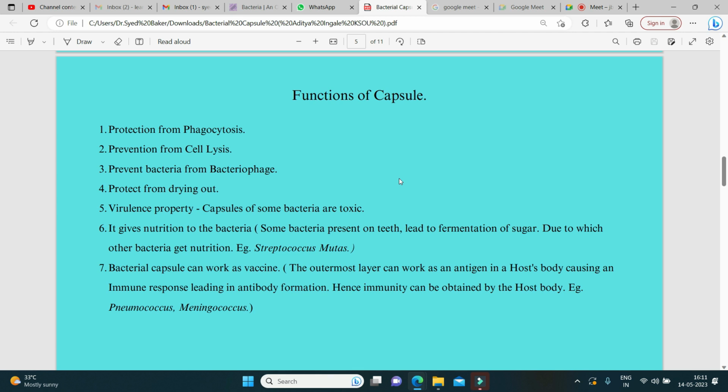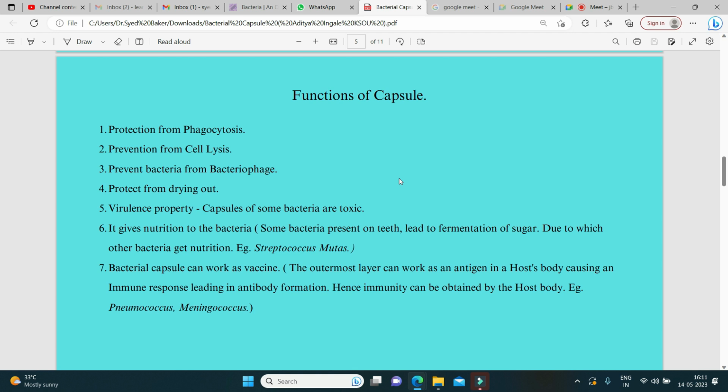Further, it produces biofilms, related to the slimy layer that we just studied. So what are biofilms? When a number of bacteria producing slimy layer come together and collectively produce it, this makes a film on the surface. Such a film on the surface is called a biofilm.